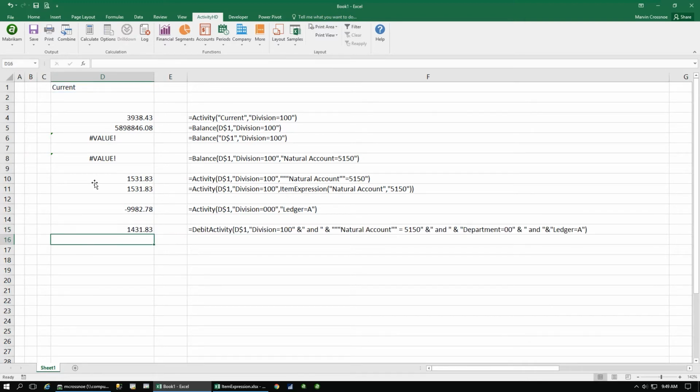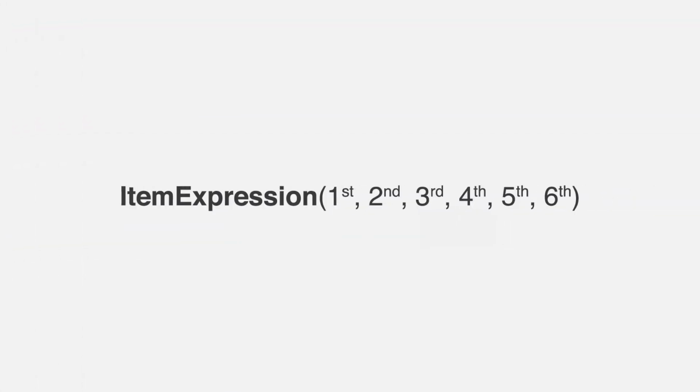The traditional way to do this was to concatenate the argument components together with the ampersand operator, such as this. This formula construction is susceptible to many errors, like leaving out spaces around the AND word or forgetting one of the ampersands. It is also difficult to read and comprehend. Using the ItemExpression function, this can be greatly simplified.